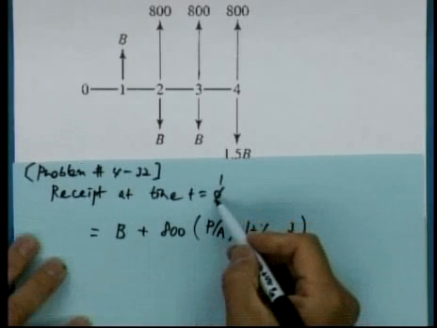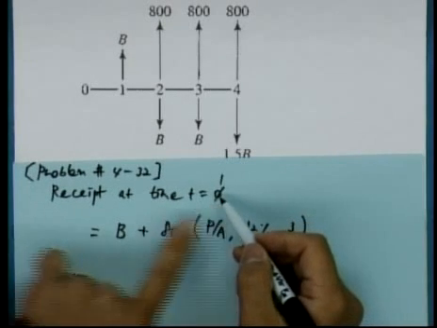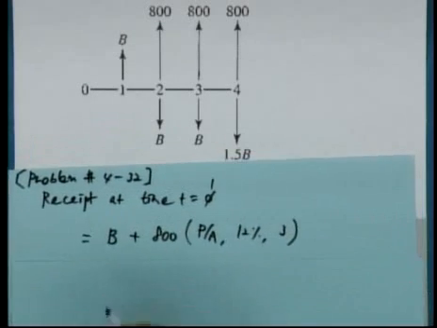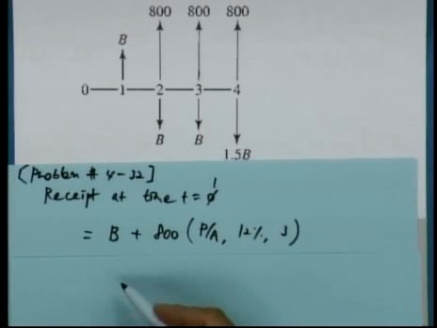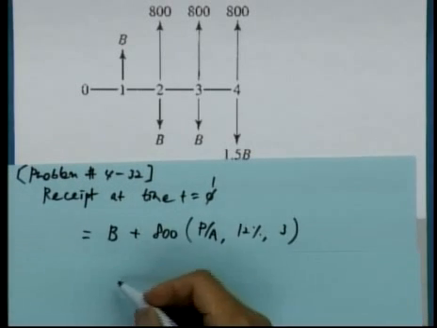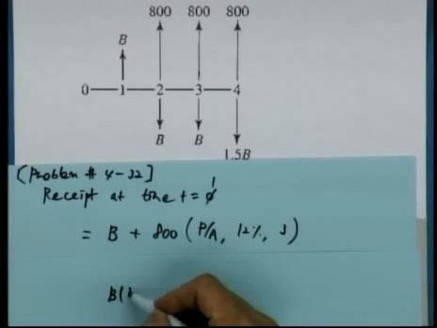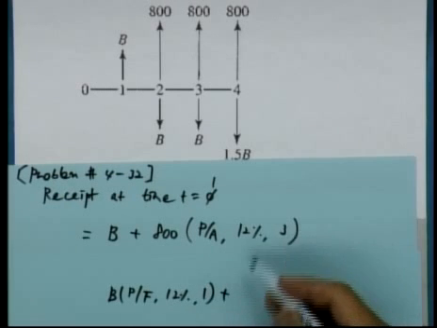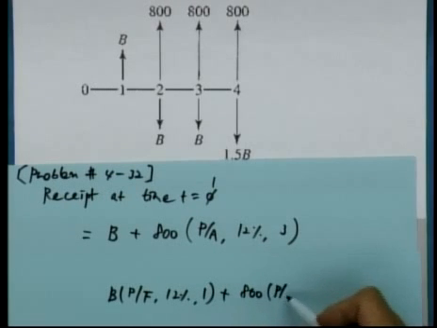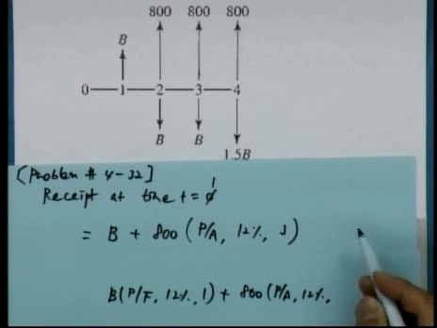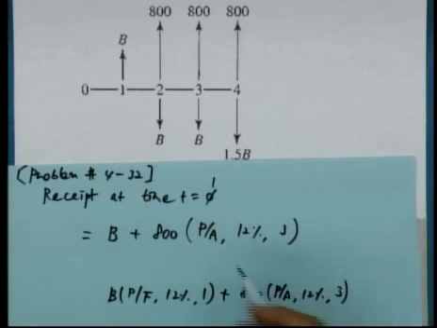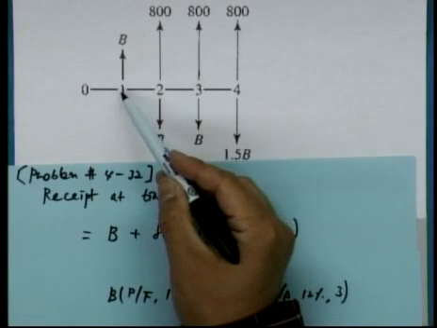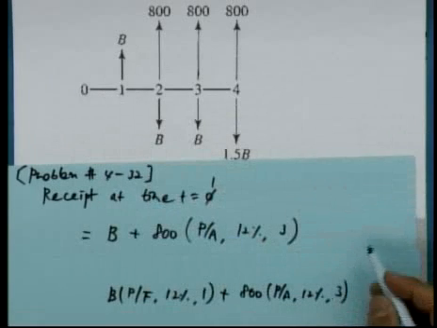So, of course, if you want to use the reset at time t equals 0, then that's going to be P given F 12% over 1 period, and then 800 P given A 12% over 3, and then you need to convert this future value to the equivalent present value.